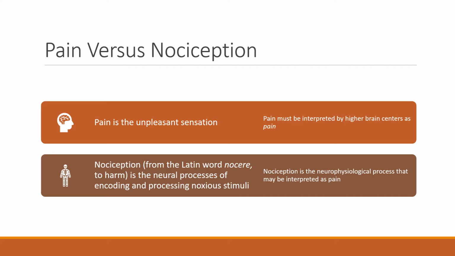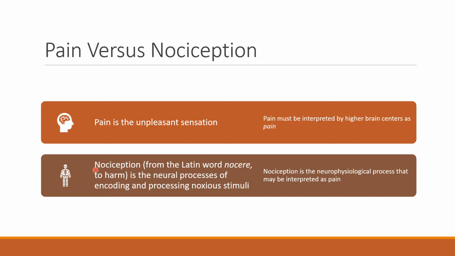So to assist in the complexity of pain, right, which is this unpleasant sensation that includes all the emotional components, we need another term to describe the physiological component to pain before it is sensed as pain.